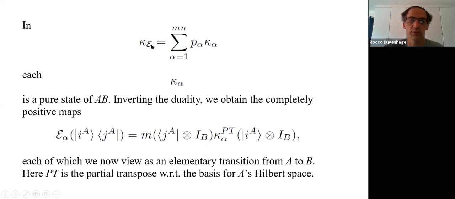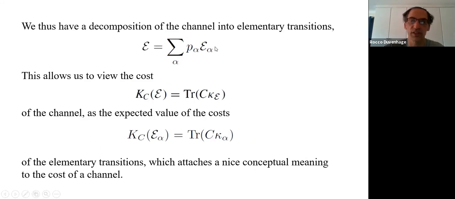So the formula for kappa E and this inversion of the duality for the E alphas gives you such a decomposition of a channel into elementary transitions. And this allows us to view the total cost of transport as the expected value of the costs of the individual elementary transitions. So that gives you a fairly clear conceptual meaning for the total cost of transport.